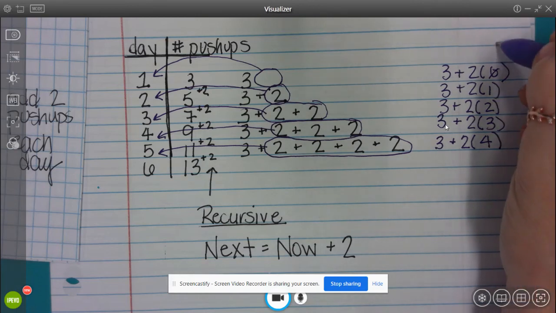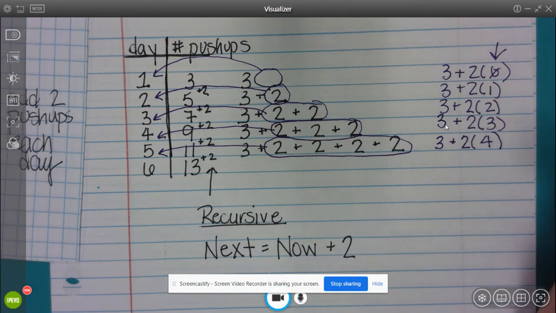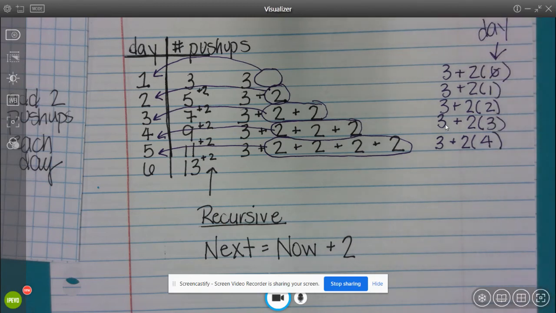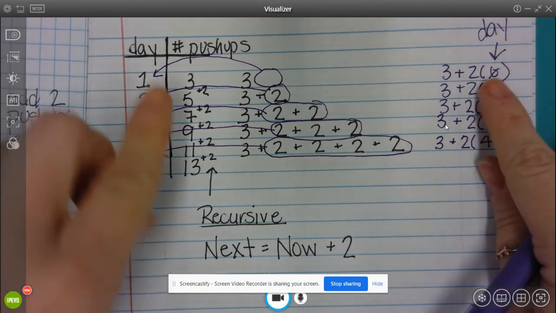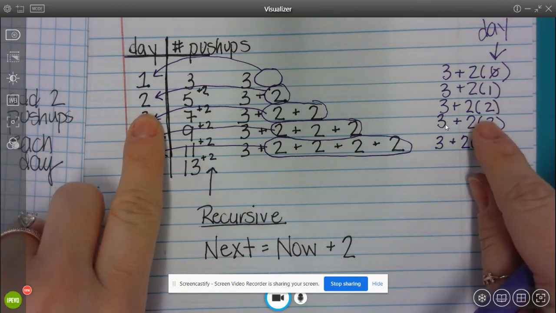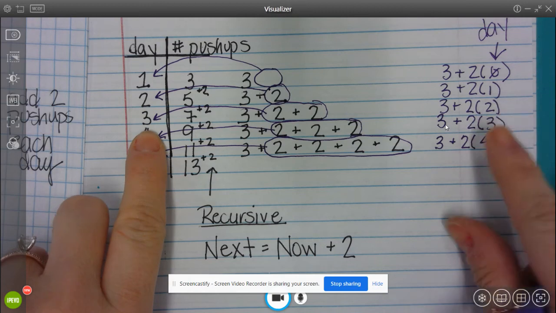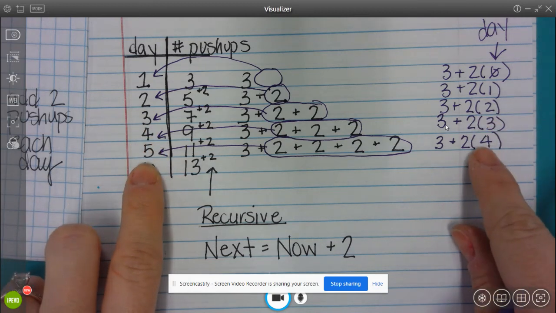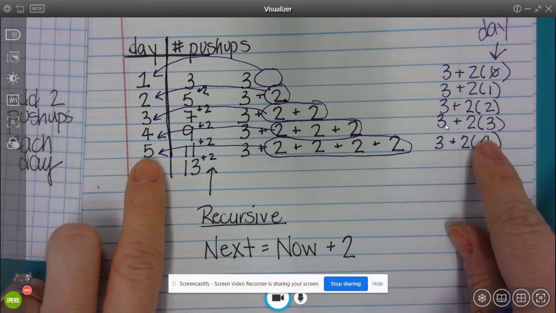So my goal is to figure out, how does this number inside of the parentheses go back to being related to the day? Well, I have 0 plus 2's on day 1, 1 plus 2 on day 2, 2 plus 2's on day 3, 3 on day 4, and 4 on day 5. This number in the parentheses is always 1 less than the day number.